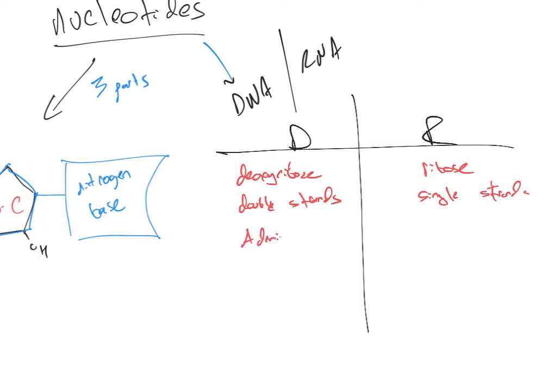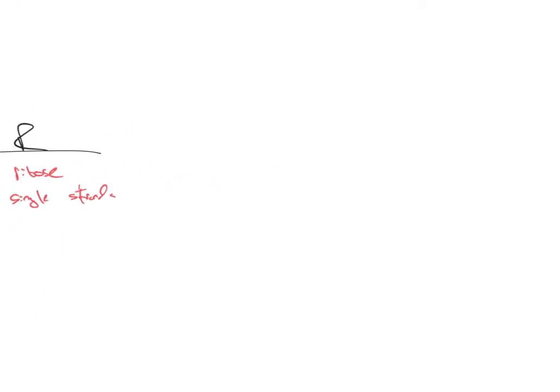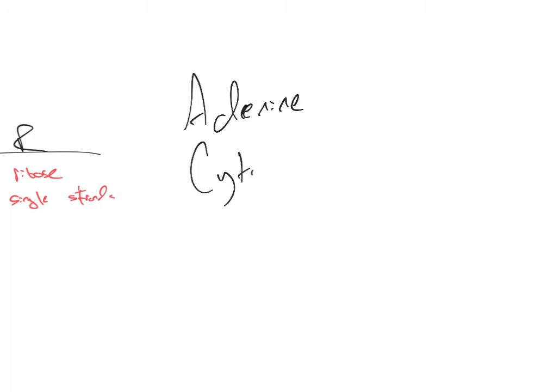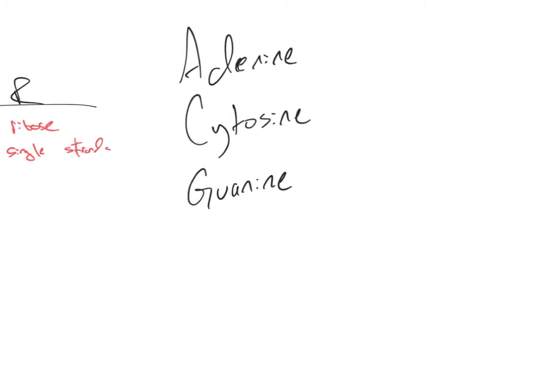So we have adenine, thymine, cytosine, guanine. I'll write them over here. Here's the bases: adenine, cytosine, guanine, and T is thymine.